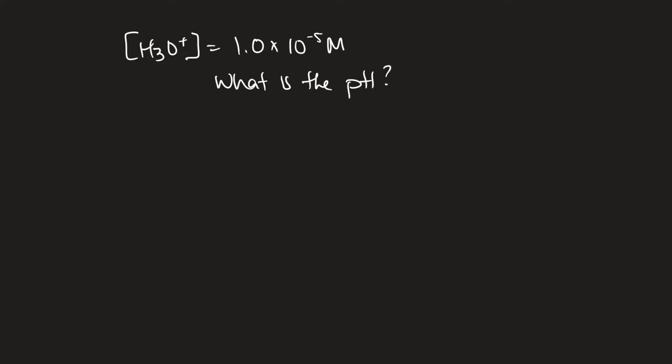Let's say that we're dealing with coffee. Coffee has a hydronium concentration of 1.0 times 10 to the negative fifth molar. Now the question is, what is the pH? Well, we know the equation for pH is equal to negative log of the concentration of hydronium.